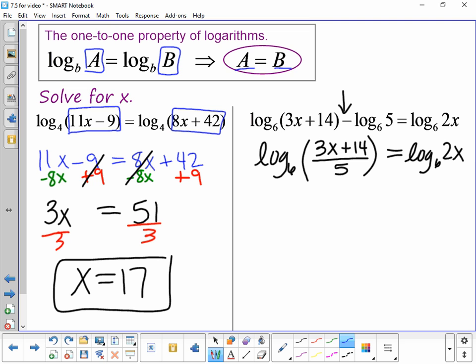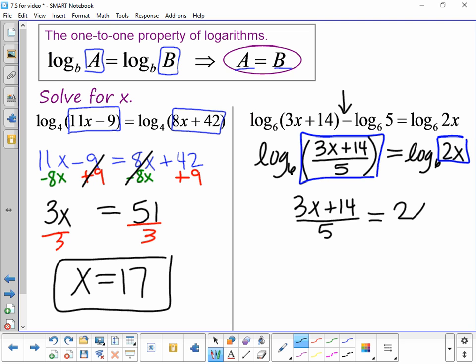Well, I have a log base 6 equal to a log base 6. The only way that that can be true is if the two arguments are equal to each other. (3x plus 14) divided by 5 is equal to 2x. Well, we have an equation that we would like to solve, and our equation has a fraction.